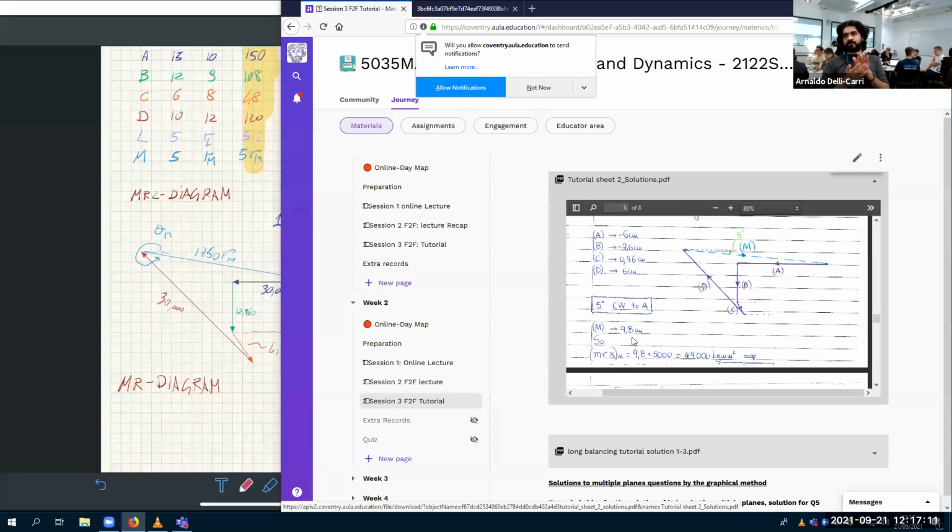And your final answer should be within an ample margin of error. Yes, the solution says 9.8 centimeters because they use a different scale factor. It doesn't matter. Scale factor is a scale factor. When you reconvert it back, you should get the same number. And also, Mario got 10. So yeah, almost there.